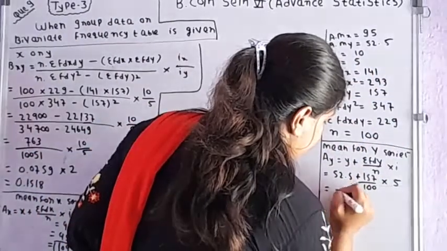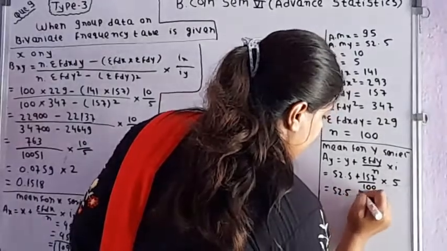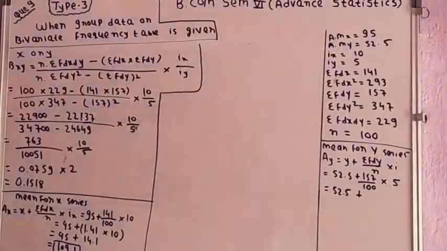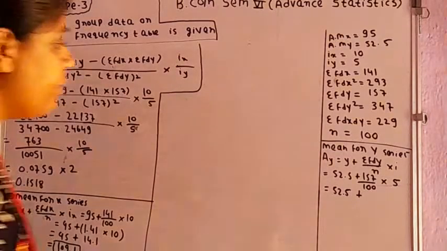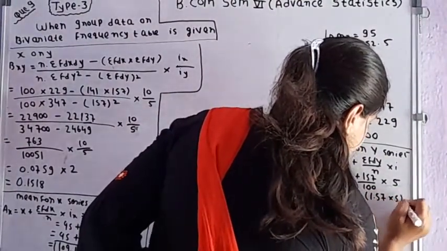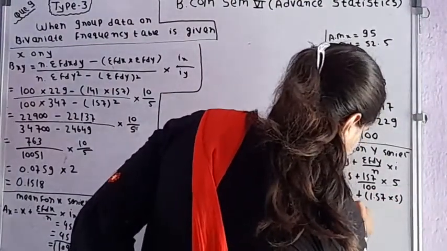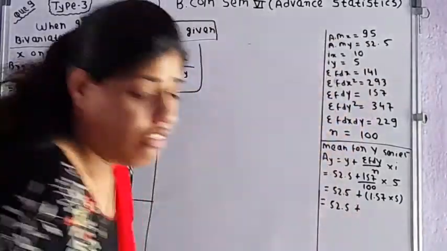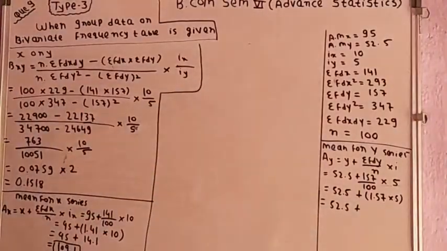Okay. So 52.5 plus 157 upon 100. 157 upon 100 comes to 1.57. 1.57 into 5. So 52.5 plus 1.57 into 5.